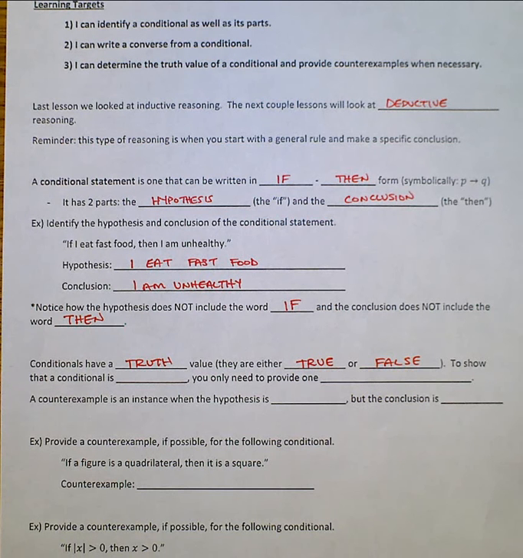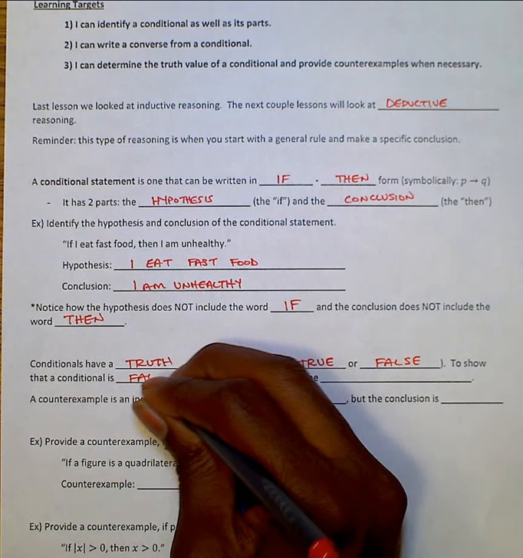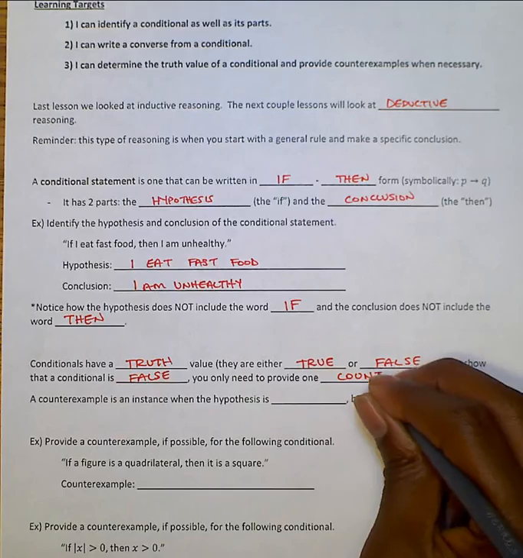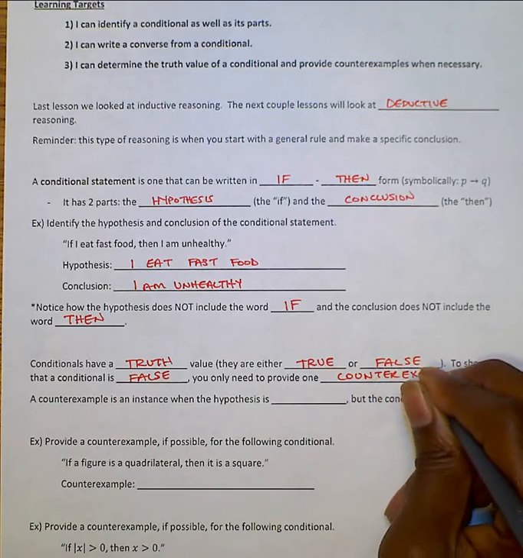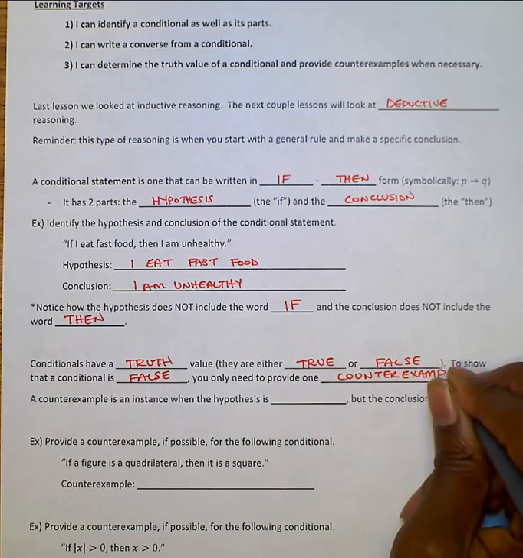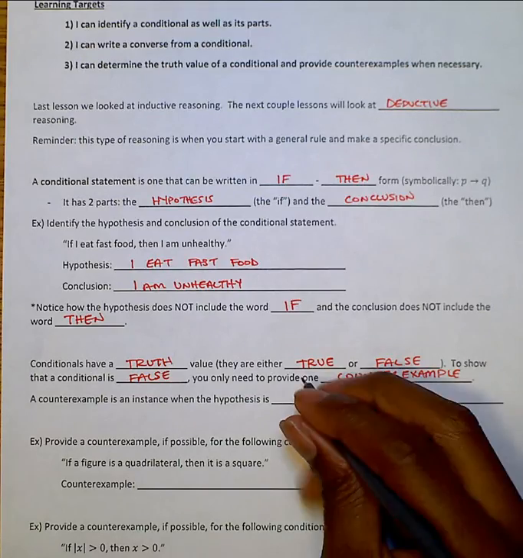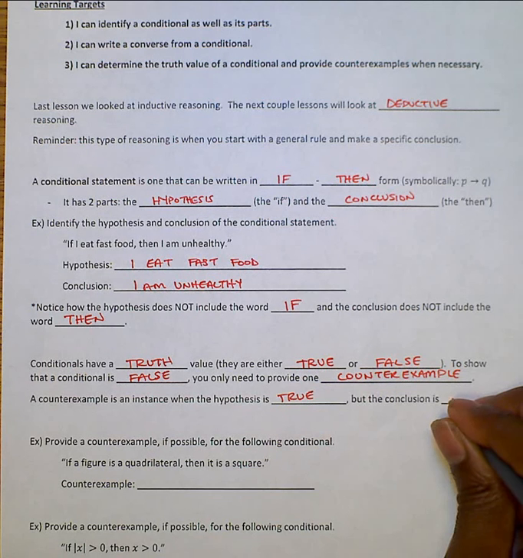To show a conditional is false, you need to provide one counterexample, an example that's counter to what's been said. A counterexample is an instance when the hypothesis is true, but the conclusion is false.